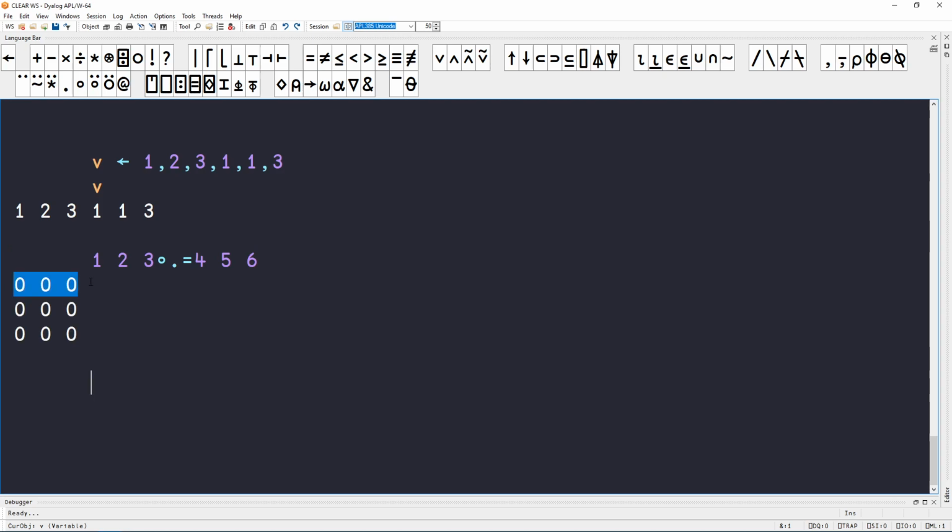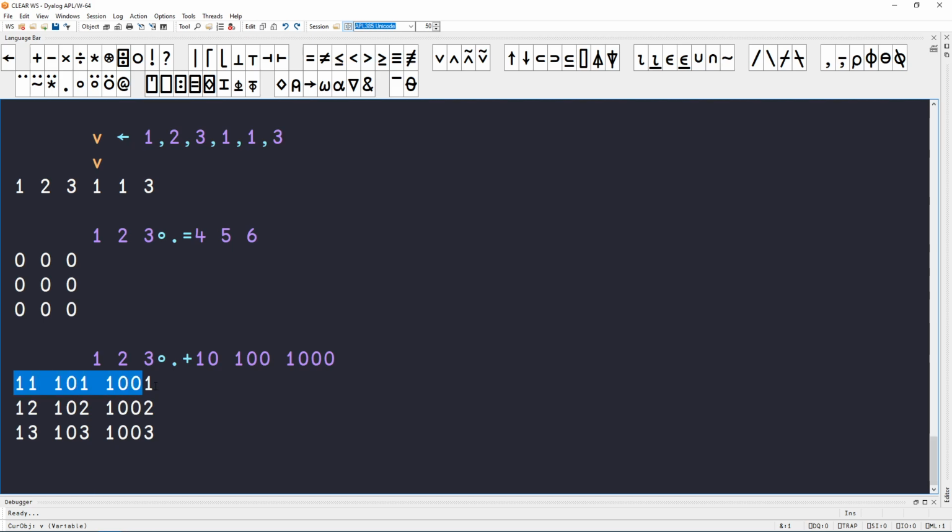This means that this 1 was compared to the 4, the 5, and the 6, and that gives 0, 0, 0, because all of these are different. Maybe it would be smarter if I were to do the following: 10, 100, and 1000, and instead of equals, let's put there a plus.